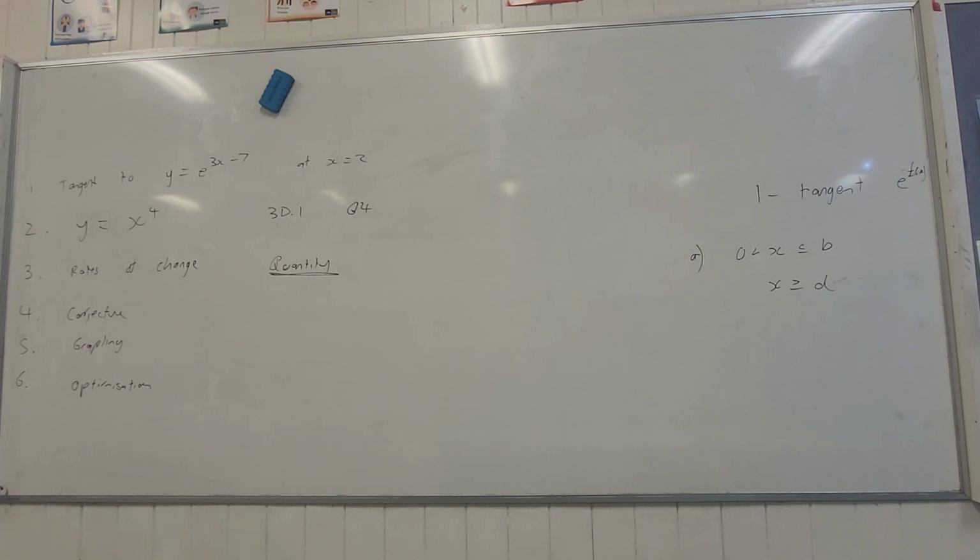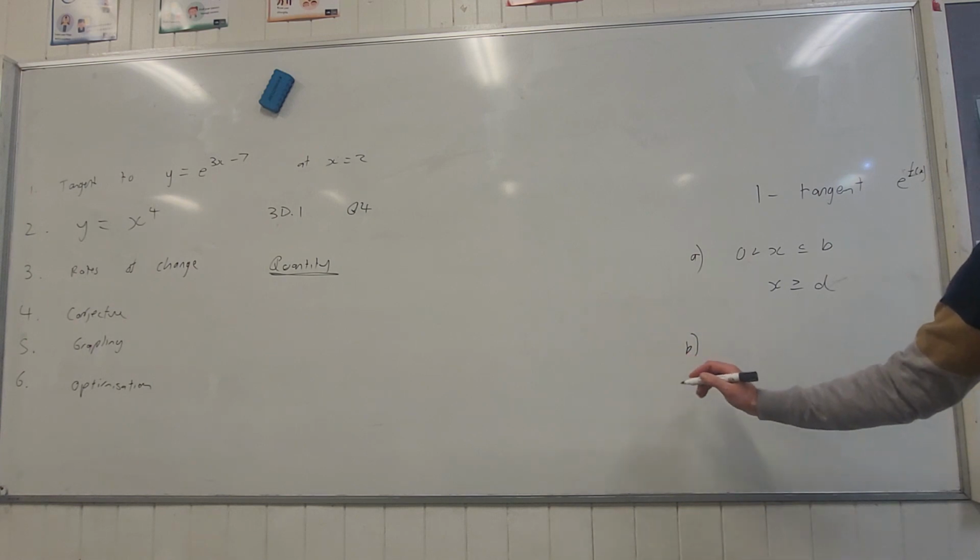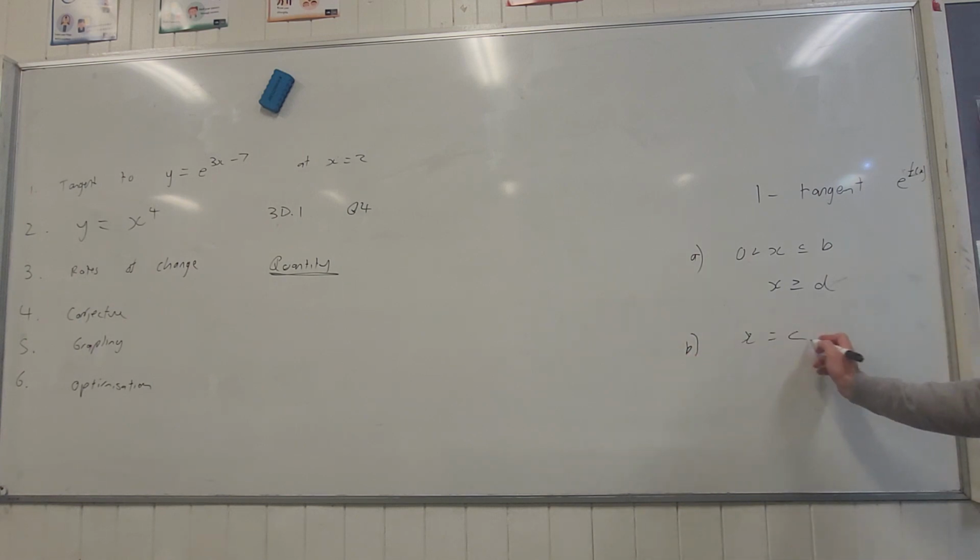Well, the steepest slope corresponds with the point of inflection. We're told the points of inflection are A, C, and E. So the steepest point along here is going to be x is C. The answer to part B is x equals C.